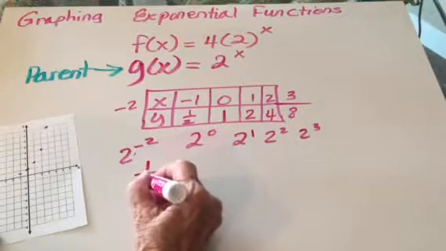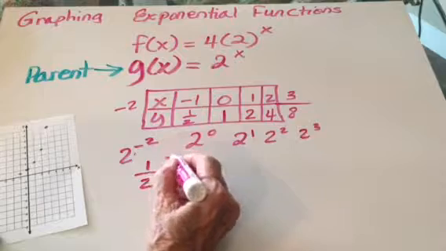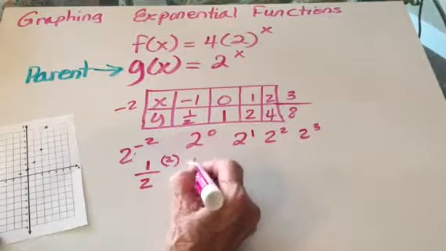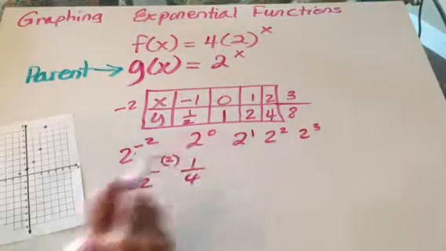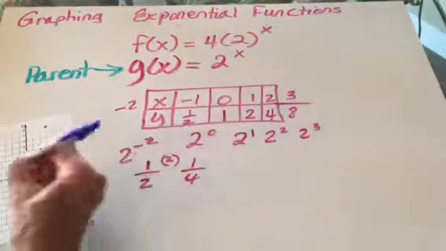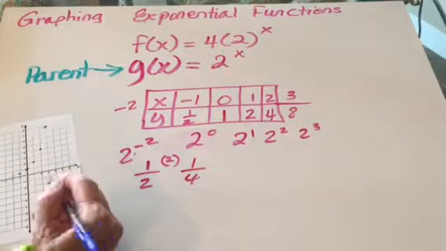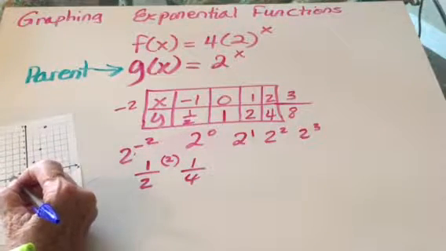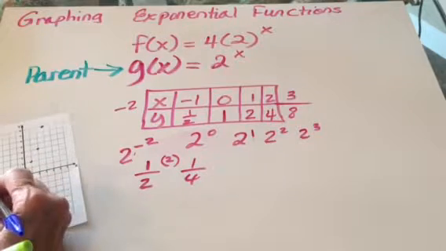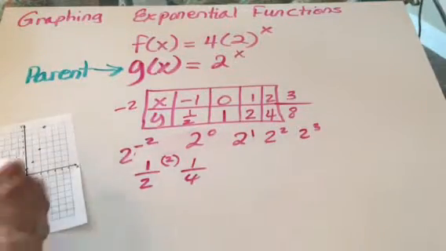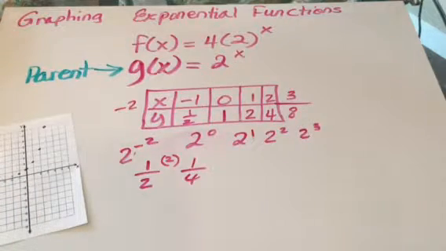You have to go 1 over 2 to the 2nd power. So it's 1 times 1 is 1, 2 times 2 is 4. So if it was -2, it would be 1/4. And this line, you'll find out, gets closer and closer to this, but it never goes down past it.